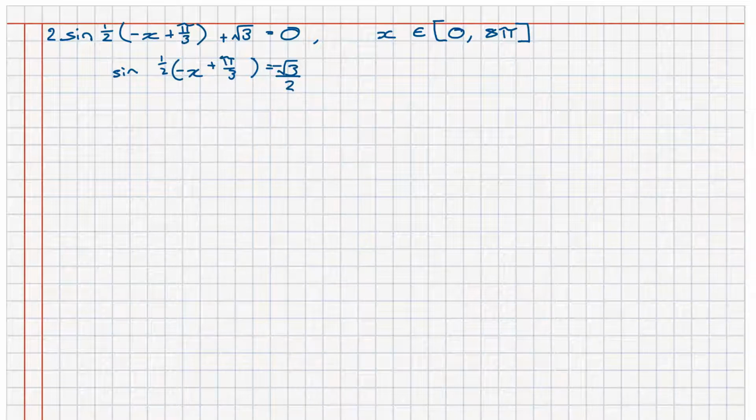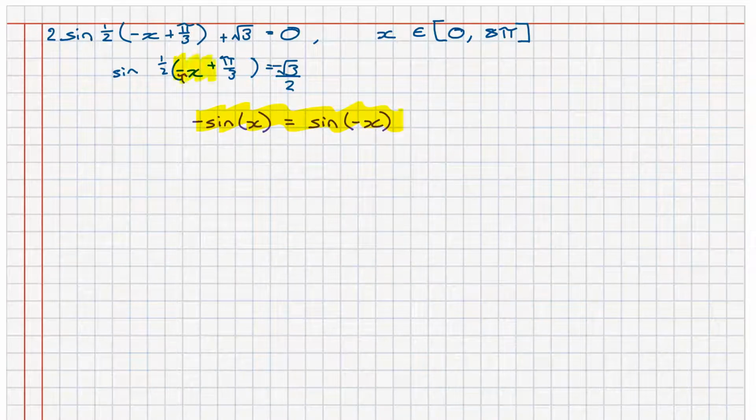Now the next step I want to do is notice that there's a negative in here. If you recall back to the trig identity of negative sine x is equal to sine negative x, what we're going to do is use this here on this here to make our equation a little bit easier to work with.